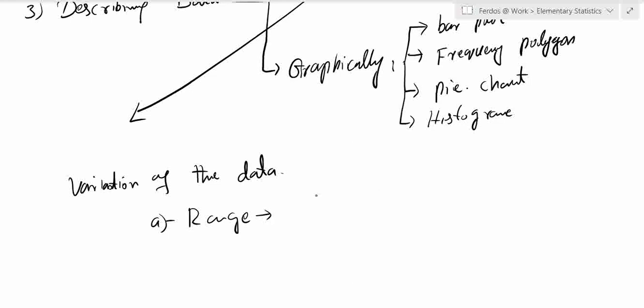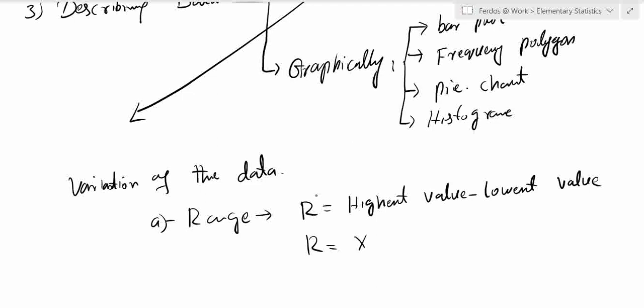That is the difference between the highest and smallest value. R, the range, is equal to the highest value minus the lowest value. Simply, R is equal to X maximum minus X minimum. Okay?